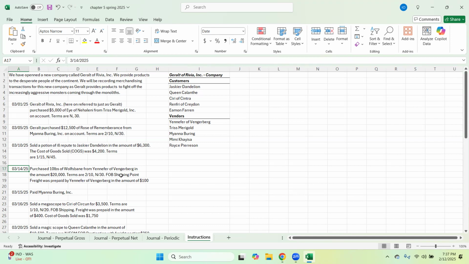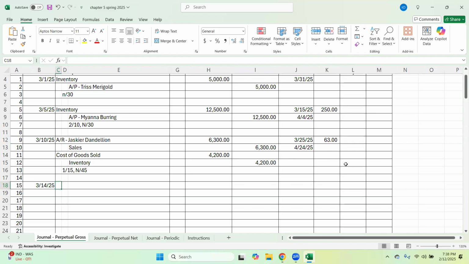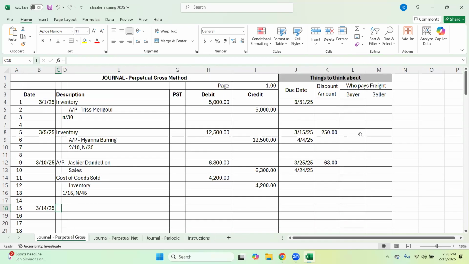FOB destination point means that the seller will pay for the freight. So here we have to pay for the cost of the freight. So let's go ahead and put that in there so that we know that we're going to have to pay for the cost of the freight. And I've got it up here. We're the buyer, and so we're going to have to pay for it. Okay. So we've got that going on.